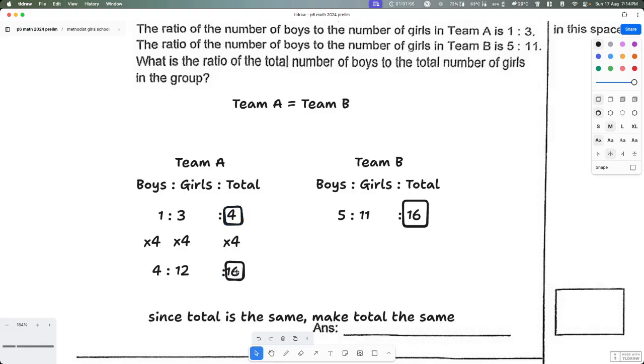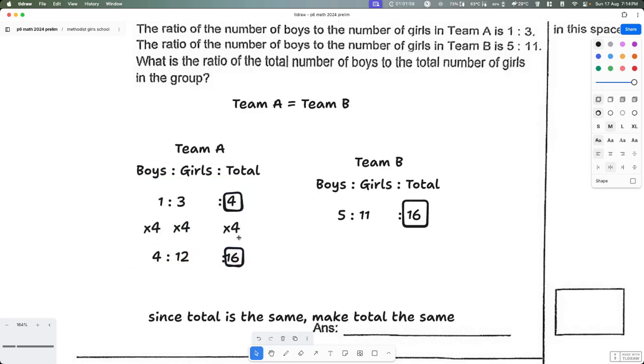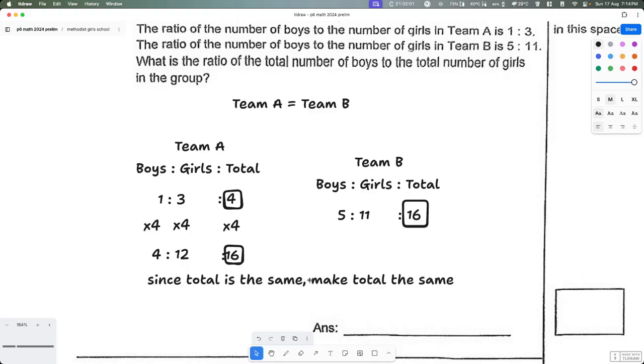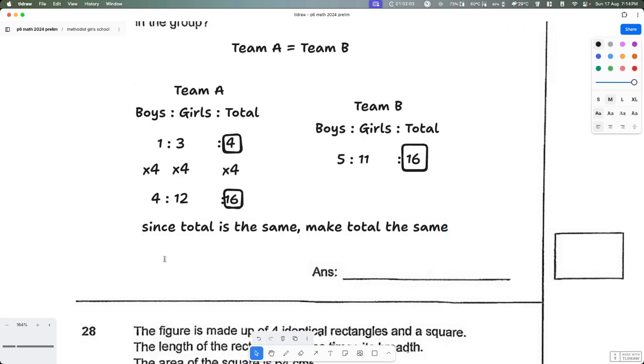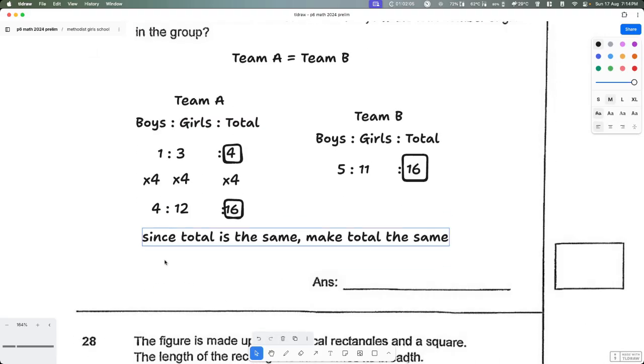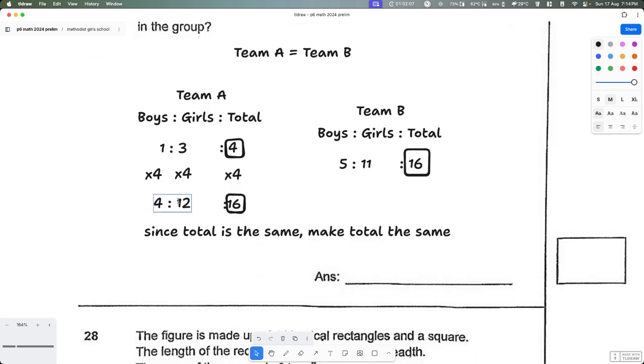Okay, so what is the ratio total number of boys to girls? Okay, so this is the new one. So total boys is equal to 4 plus 5 equal to 9.